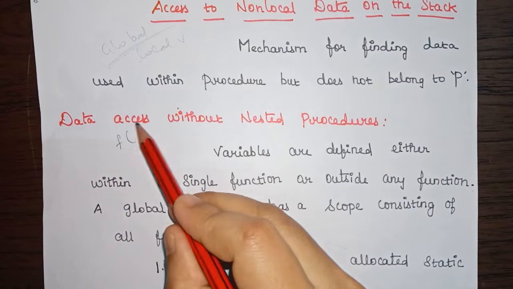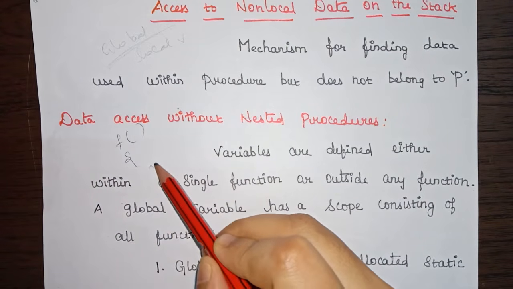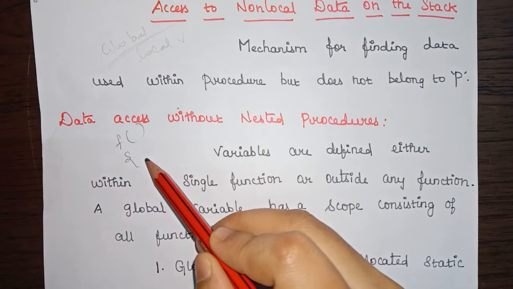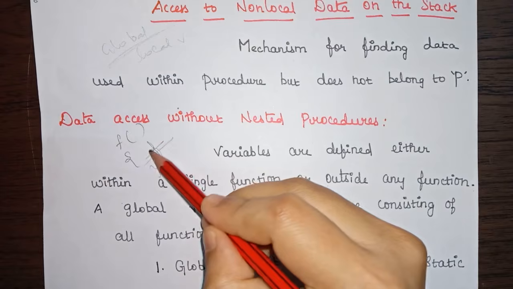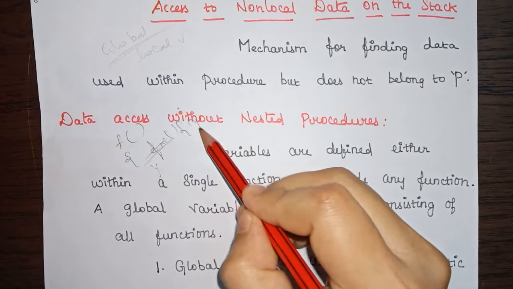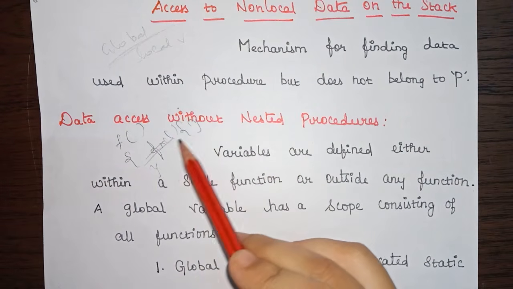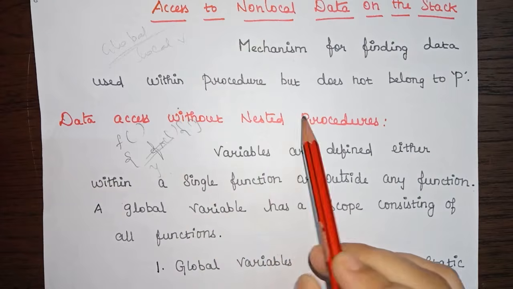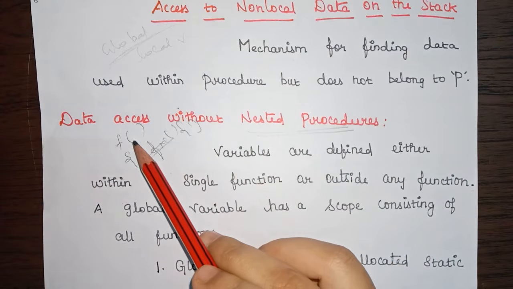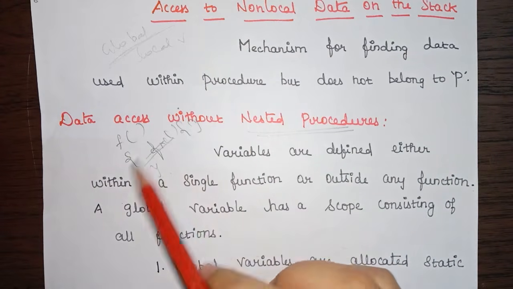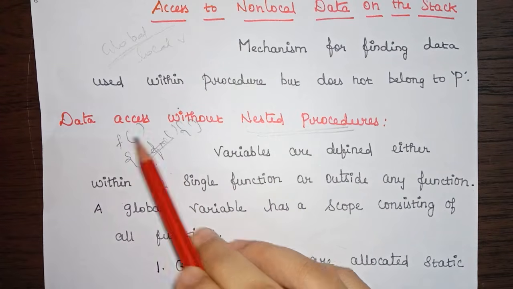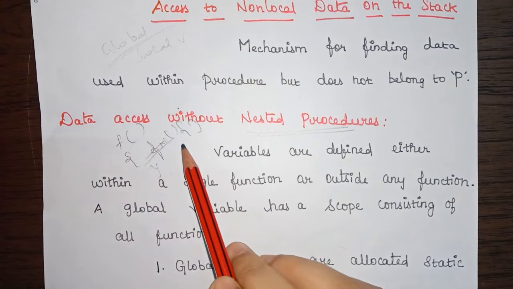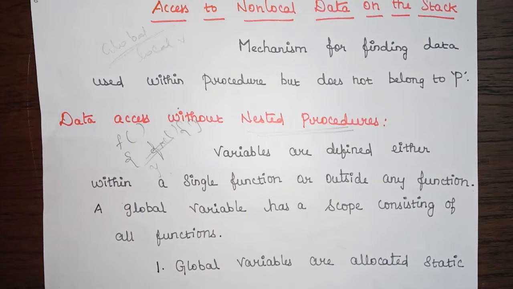For example, inside a function we may have a function call to another function, but there will not be any function definition inside another function. This is called a nested function, or nested procedure, and the C family of languages does not support it.